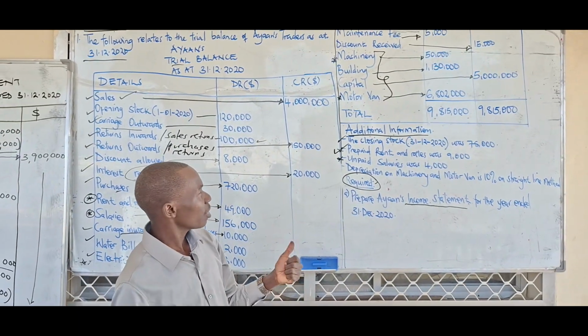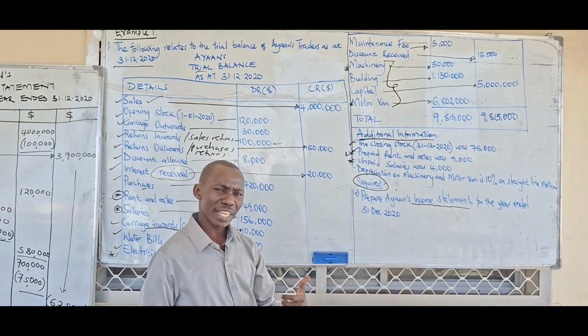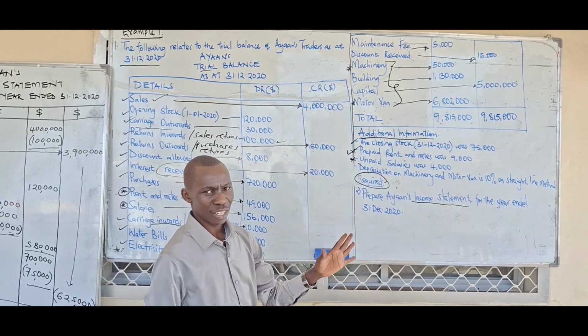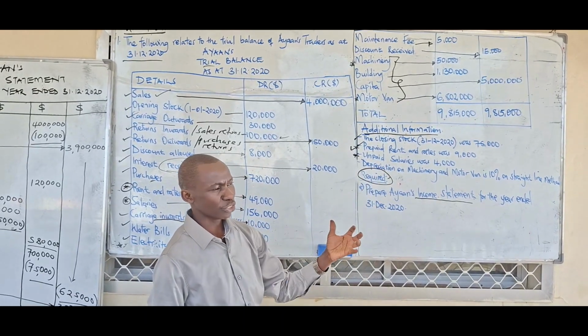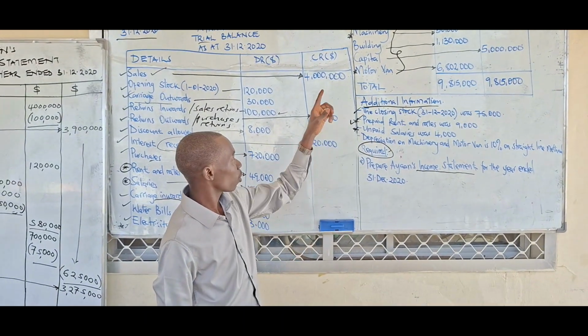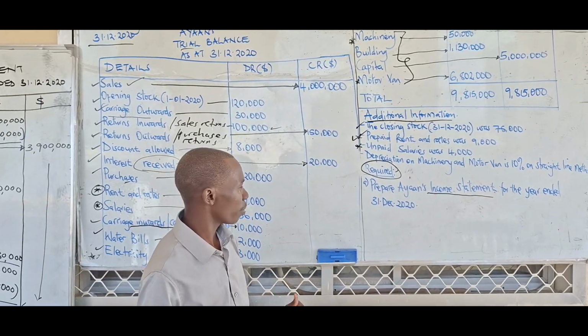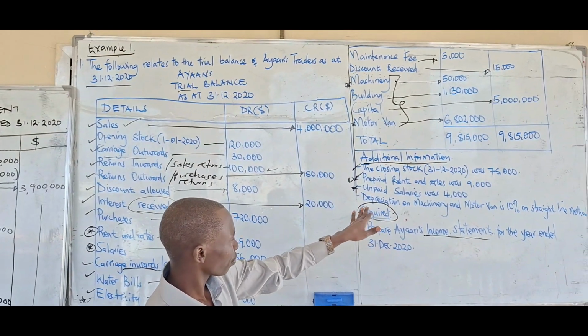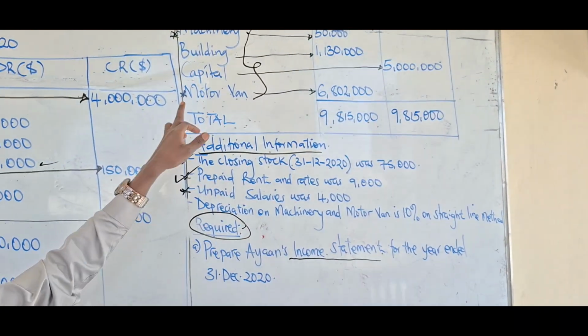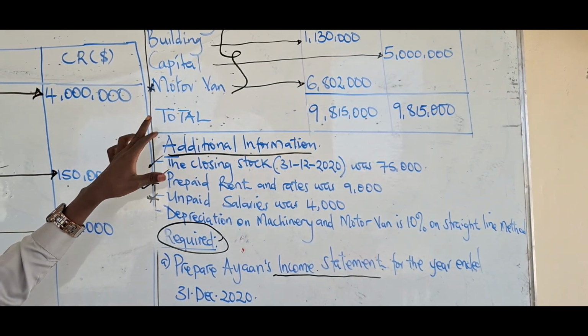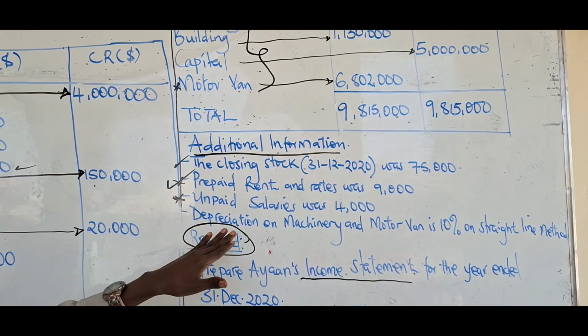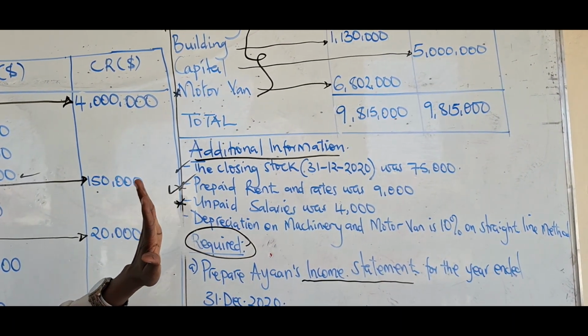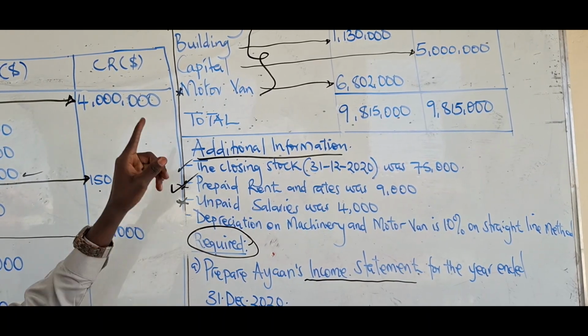However, if there is any information concerning the depreciation of that asset, we calculate. Remember, depreciation is an expense. We shall calculate depreciation and bring it. Look at this additional information. If they have given you assets there in trial balance, but in the additional information there is nothing concerning depreciation, don't calculate anything. You just stop there. You don't bring this here.